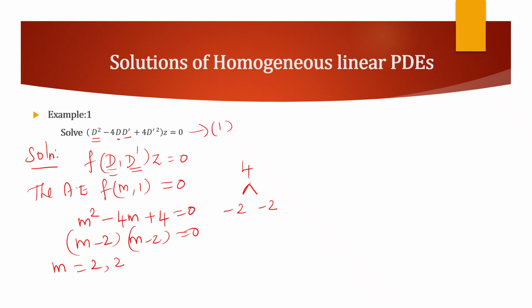So we have two roots and they are the same, which means we have repeated roots. How to write the complementary function for this case? The complementary function alone gives the solution z, which is written as phi 1 of y plus 2x plus x into phi 2 of y plus 2x. That's it.